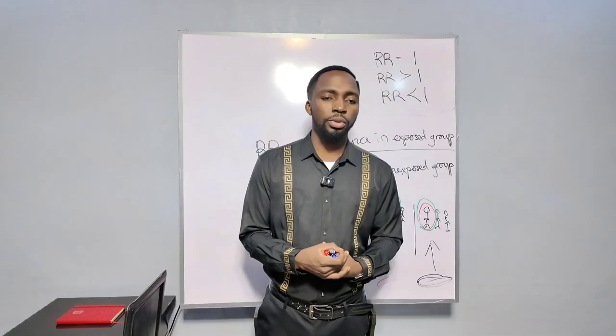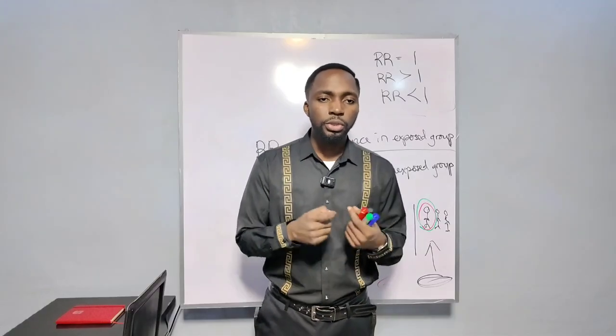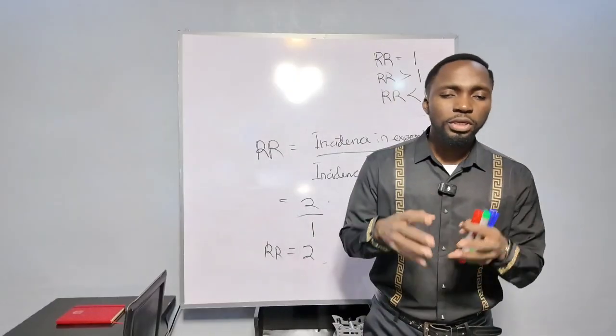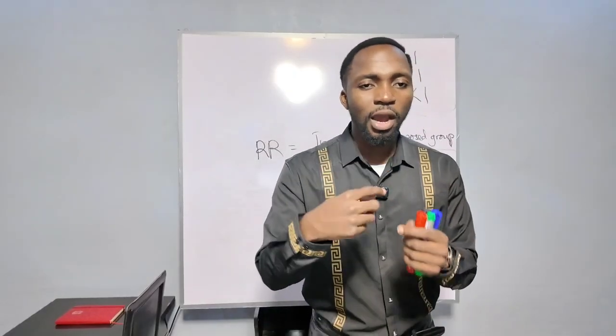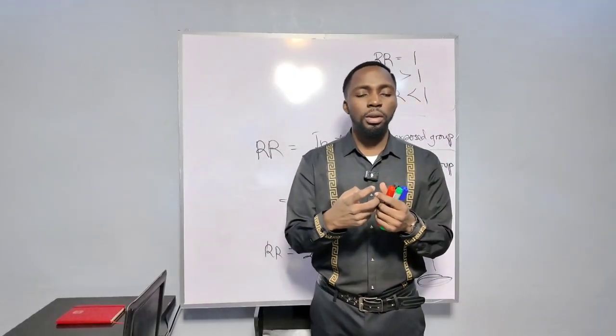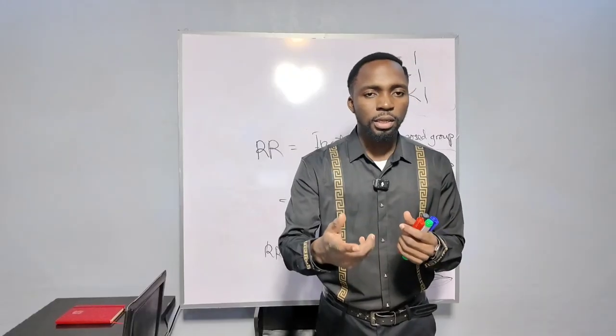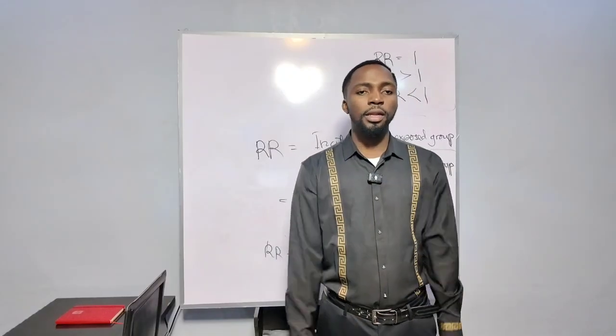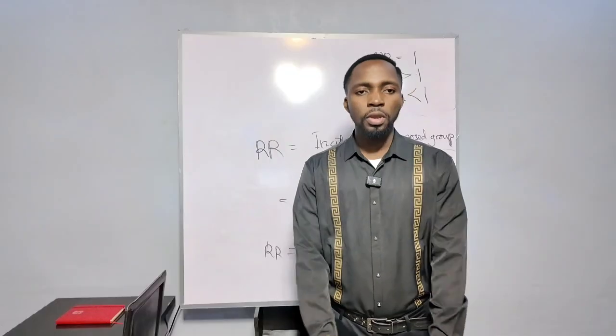And what is the odds ratio? The odds ratio is used mainly in case control studies. And what it does is that it estimates how much more likely cases were exposed compared to controls.